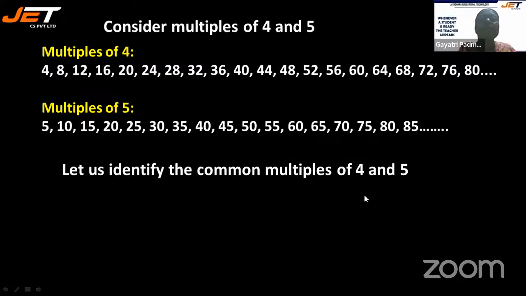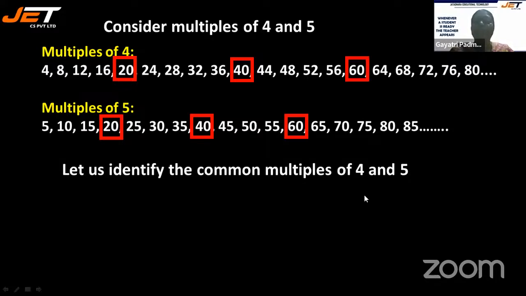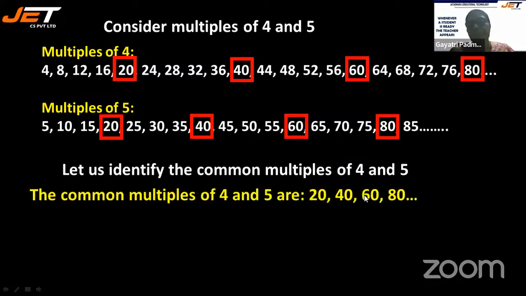All right. Now let us identify the common multiples of 4 and 5. That is the common numbers. Here we have 20, 40, 60, 80, and so on. Understood? Yeah. Now let us list them now. The common multiples of 4 and 5 are 20, 40, 60, 80, and so on.